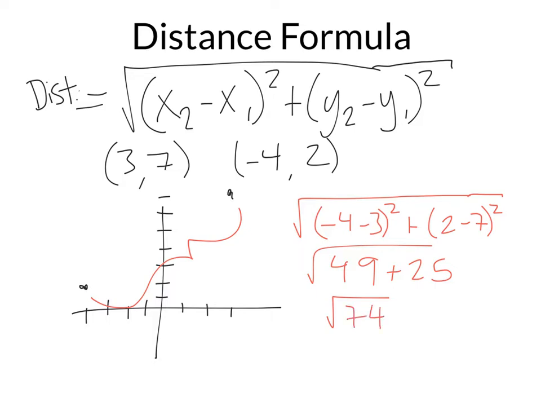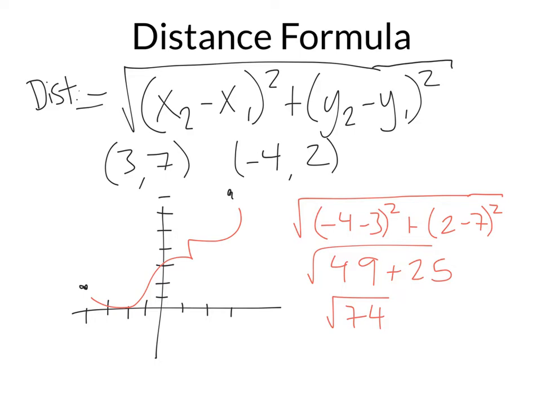Cool. Well, can we simplify this at all? We can tie in our simplifying of radicals right now. Let's see here. Is 74 divisible by 4? No, because that's a perfect square. How about 9? Nope. How about 16? I'm just working up my perfect squares. Nope. 25 is not going to happen because it's not divisible by 5. Let's see. How about 36? Nope. All right.